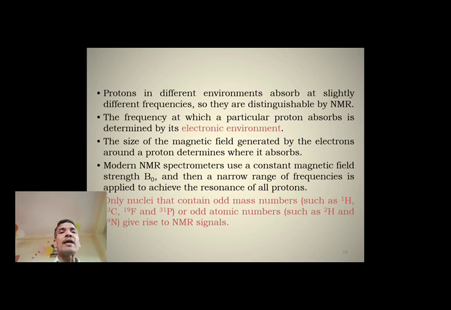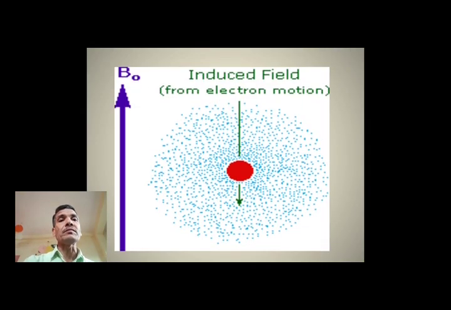Only nuclei that contain odd mass numbers, such as proton, C13, F19 or phosphorus 31, or odd atomic numbers, like H2 and N14, give rise to an NMR signal.